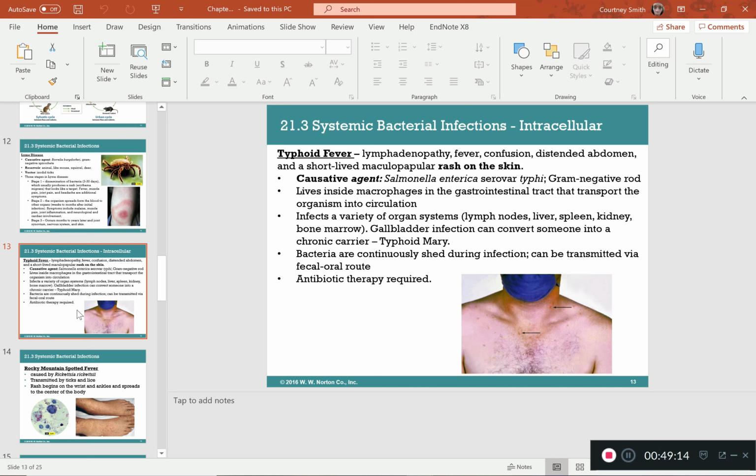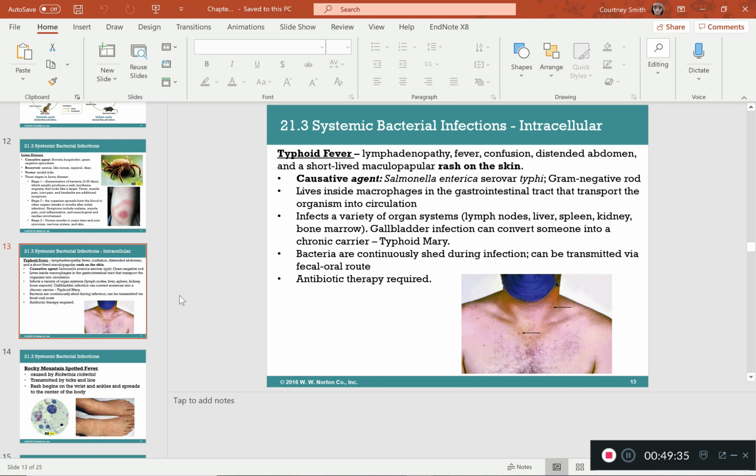With typhoid, you'll get severe fever, you'll get some confusion, you'll have an extended abdomen, so you'll be bloated in your belly, and then also you'll get these maculopapular rashes, which are like these red dots. So they're very small.